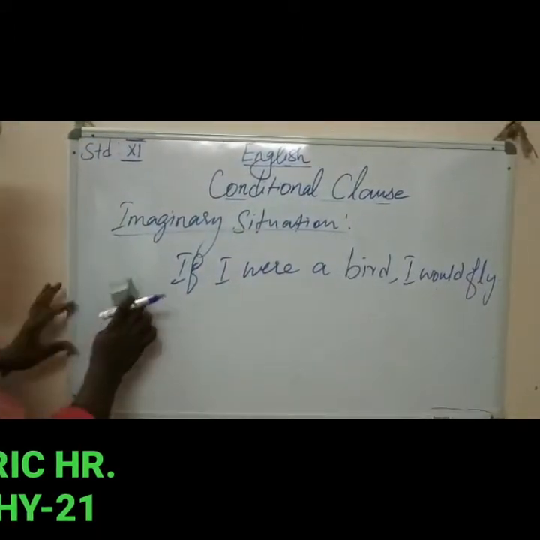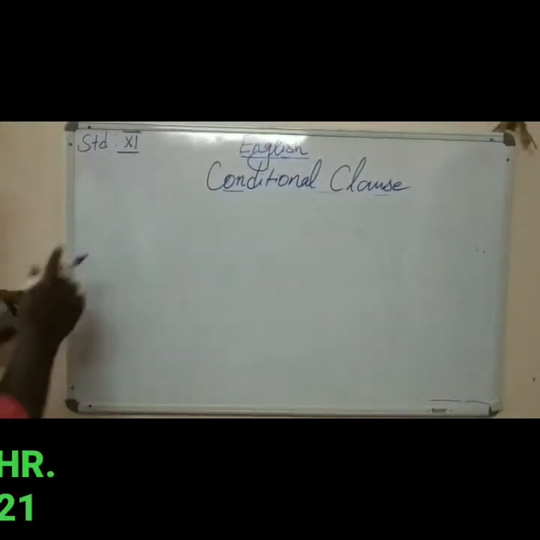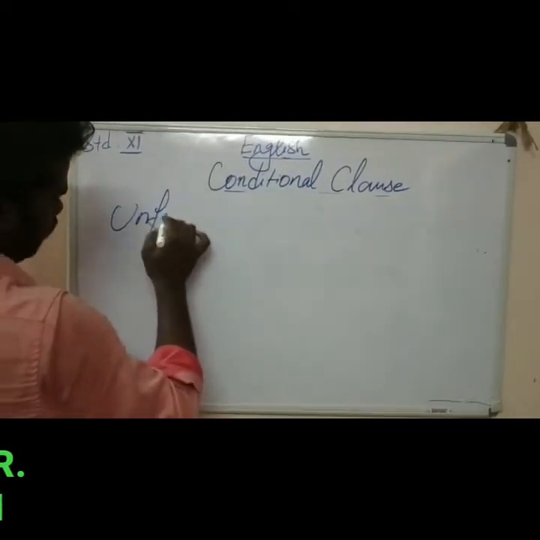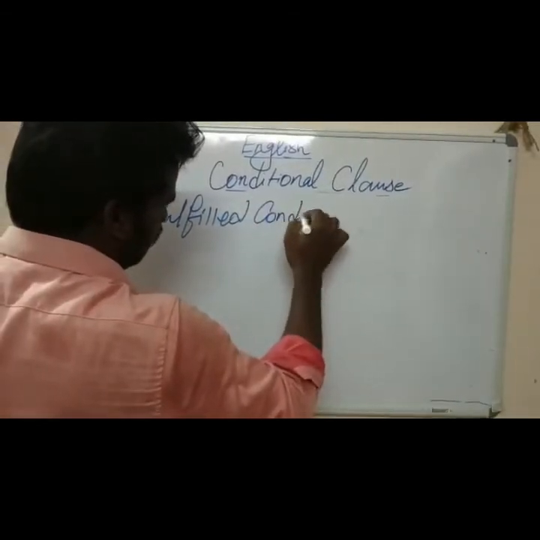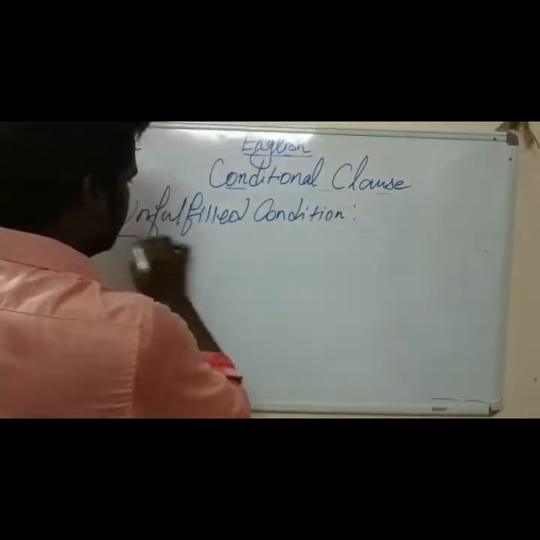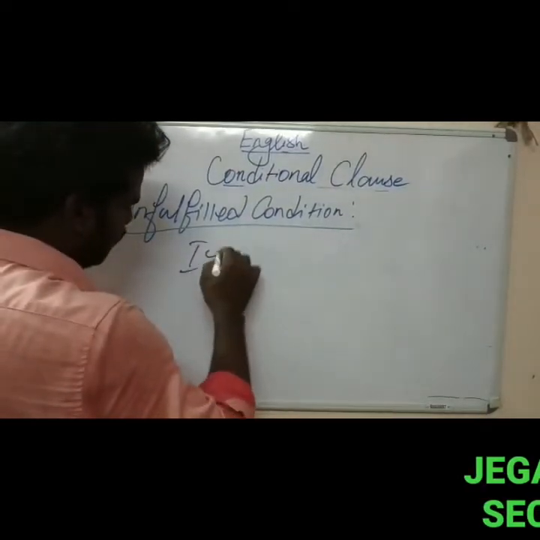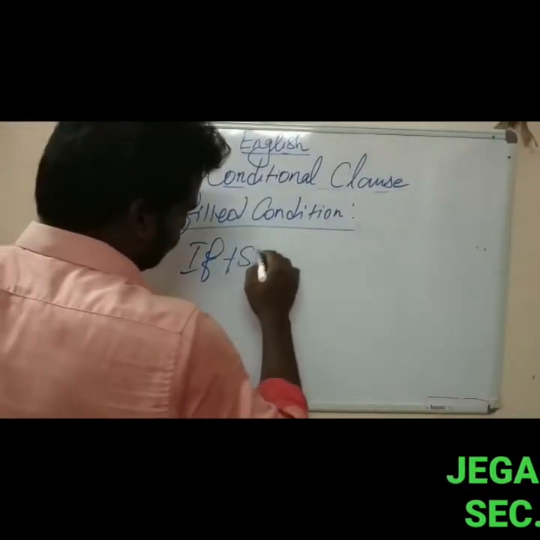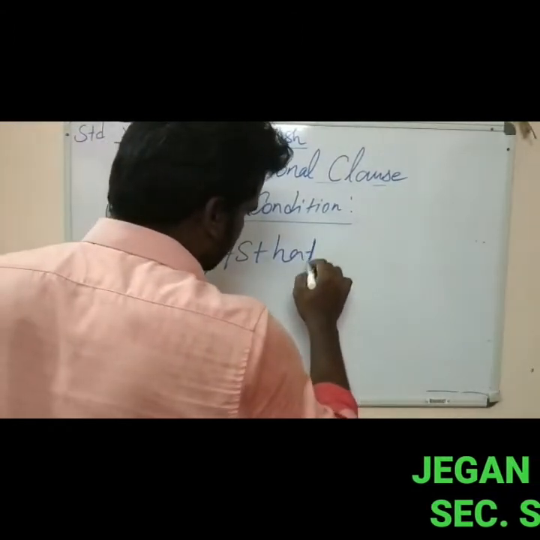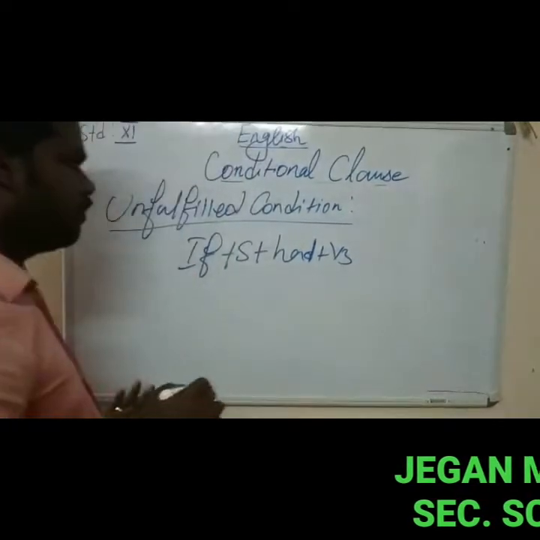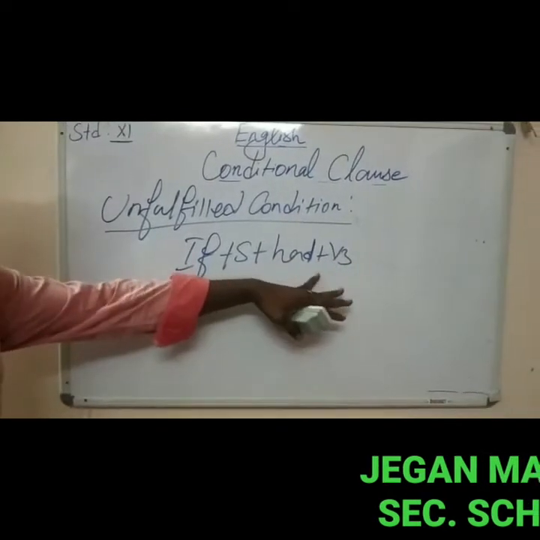Next, let us learn the third type, unfulfilled condition. What did you learn in this rule? The condition part is if plus subject plus had plus V3. This is past perfect.